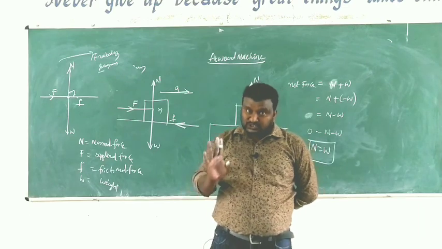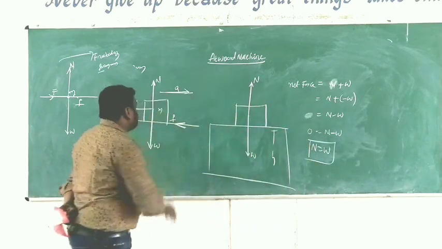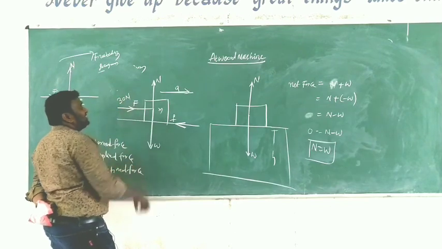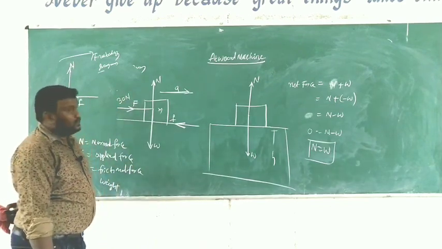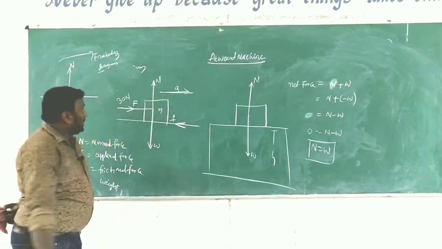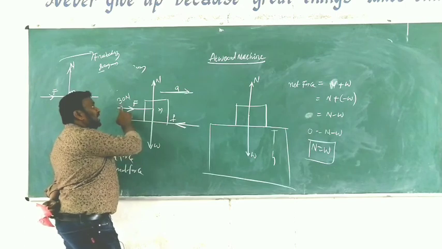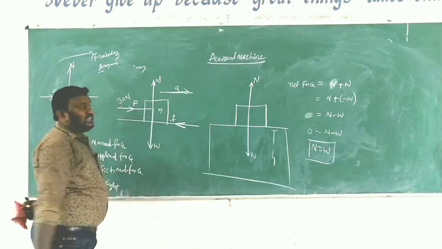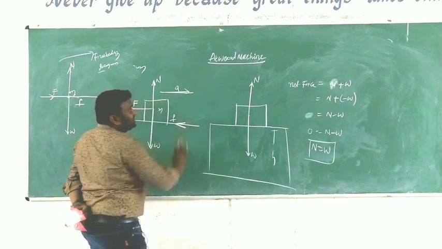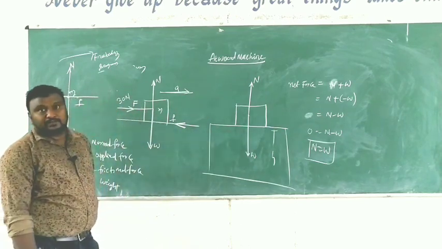Clear, children? So here now in this example I applied some 30 newtons. What is that? 30 newtons. And normal force and weight are always equal. When I applied 30 newtons, the object will move in this direction. Clear?